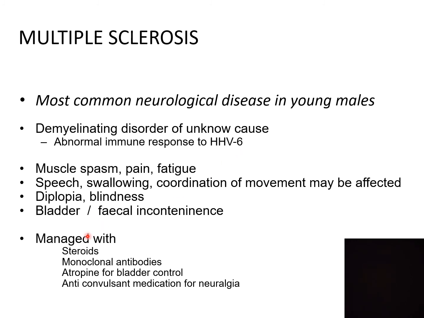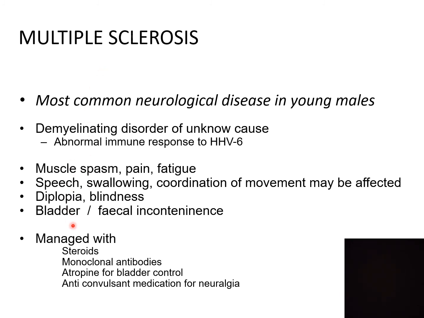Multiple sclerosis, in addition to trigeminal neuralgia, may present with muscle spasm, pain, extreme fatigue, and speech, swallowing, and coordination of movement may be affected, leading to ataxia. There may be a variety of pathological changes in the eyeball, including optic neuritis, diplopia, and there is a risk of permanent blindness. Bladder and fecal incontinence are also observed in patients.